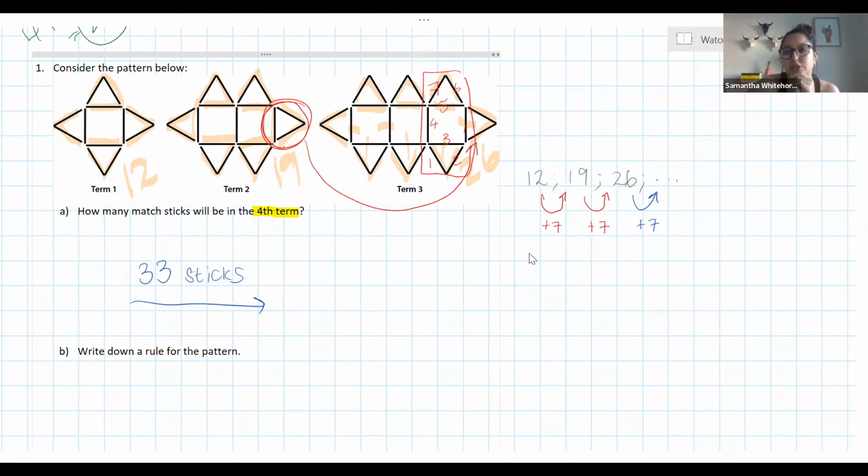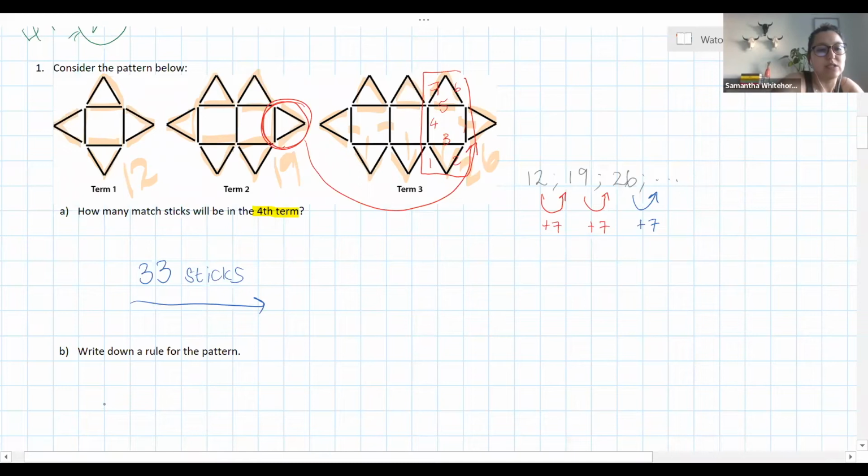Okay, so this is sort of where we're leading into eventually doing some graphs. The question of writing down a rule for the pattern. Now, if you remember from number patterns, we were using Tn and n or x and y, and that's where we're going with this. When we write down a rule, basically what we want is something that looks like y equals and then our x variable.